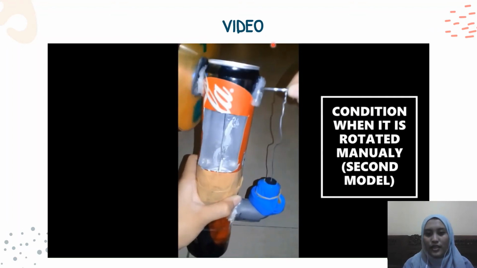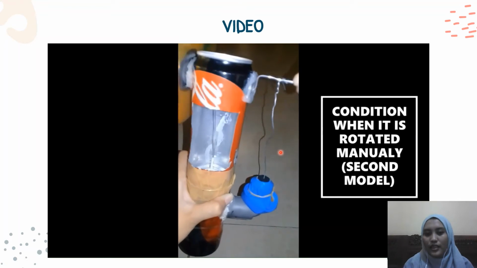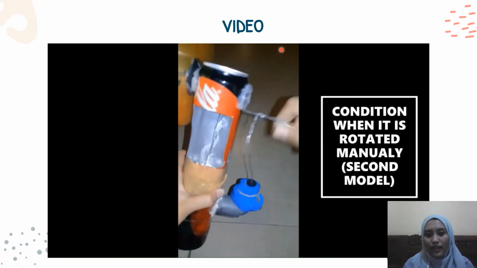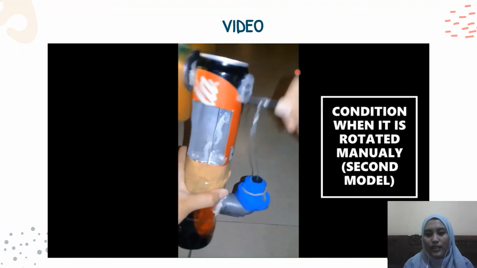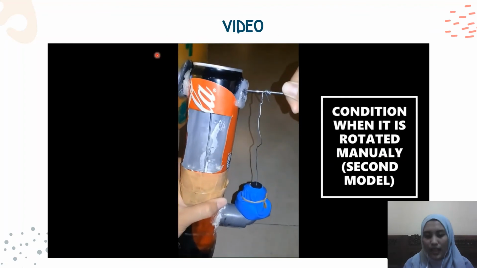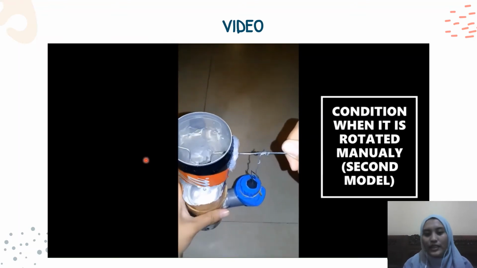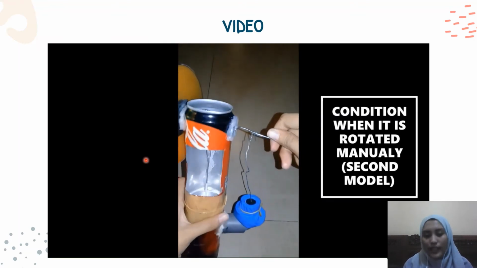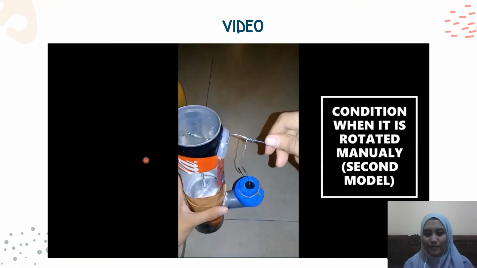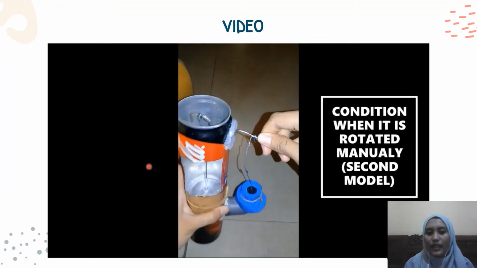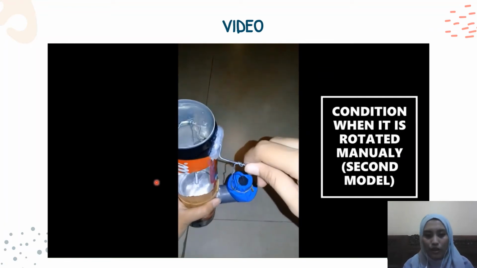And then we use the second model with manual rotating. We can also see that the rotating mechanism is better and easier compared with the first one. However, both of them still cannot rotate automatically during the heating process, even though there is a temperature difference on both of them.